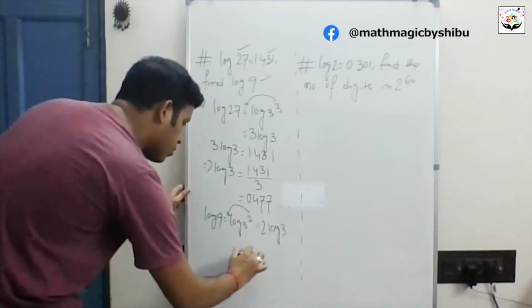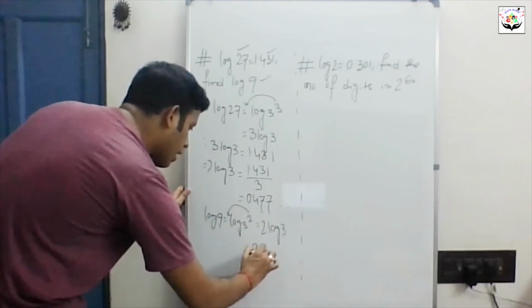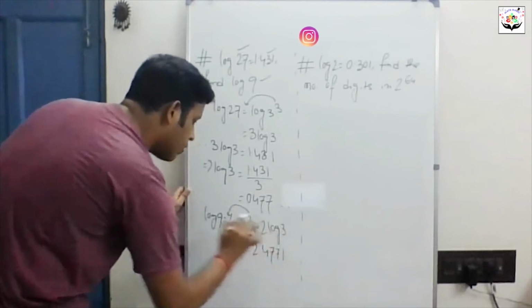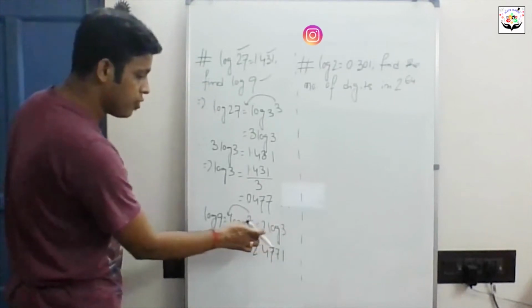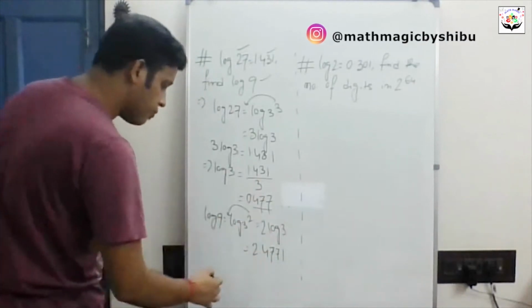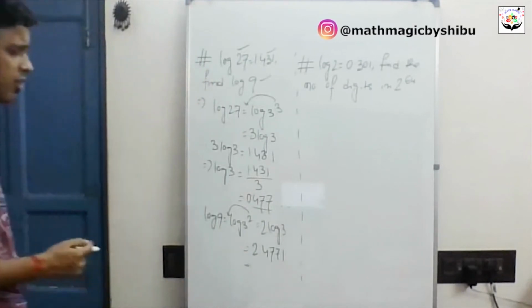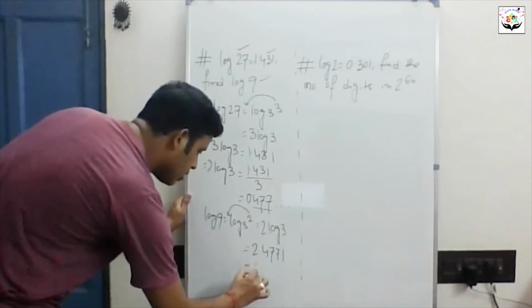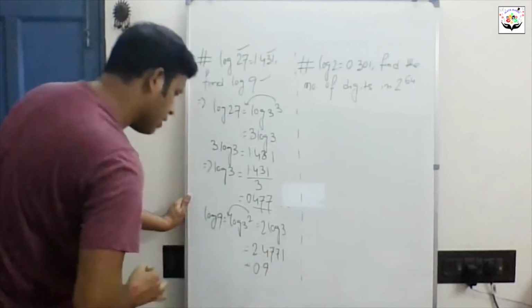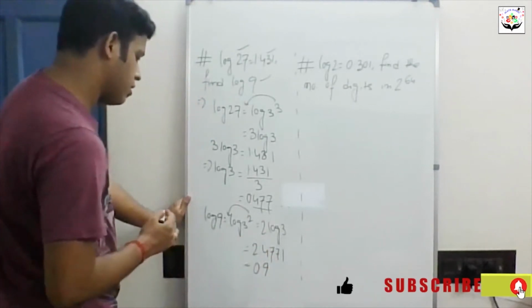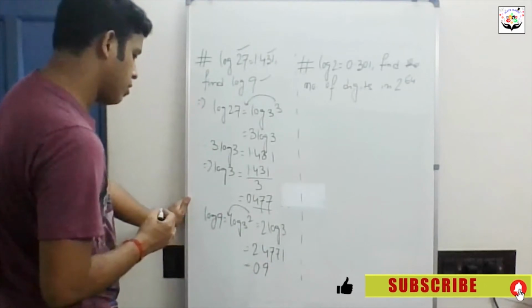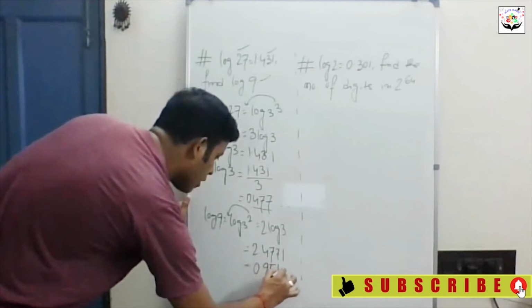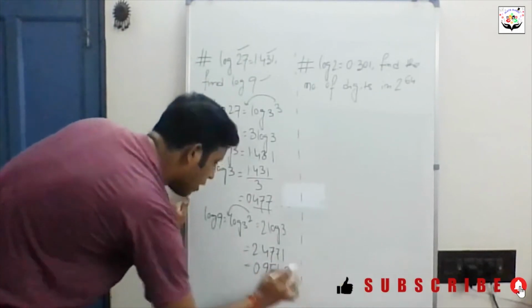Just take this one and multiply the value of log 3 by 2. Whatever the answer, 2 into 0.4 is 0. So it will be an answer.